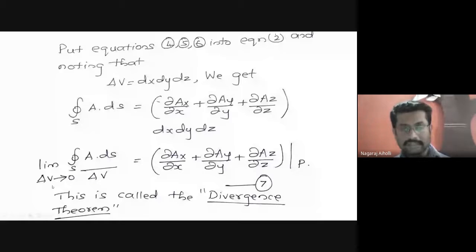Then the RHS is nothing but the divergence of vector A, del dot A. And delta v, if I take it to the RHS, it will be del dot A with respect to delta v. That is, integrating the vector A with respect to surface to get the total flux is as good as integrating the divergence of the vector A with respect to the volume to get the total flux. This is called the proof of the divergence theorem.